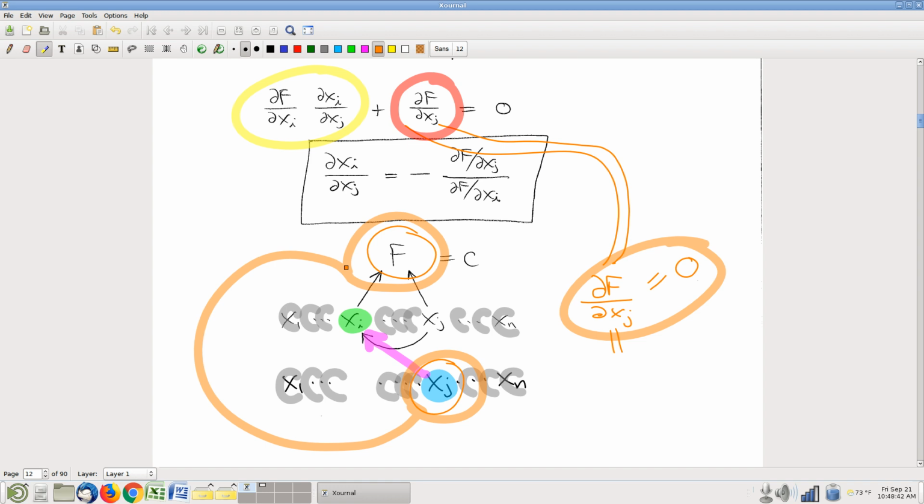Don't forget, we've got to keep that in mind. xi is a function of xj. That means this one. Does that make sense? Why would that be 0? Because f is a constant, and constants don't change. Therefore, derivatives of constants are always 0. Yep. Does that make sense?